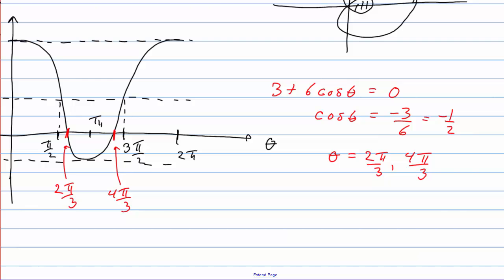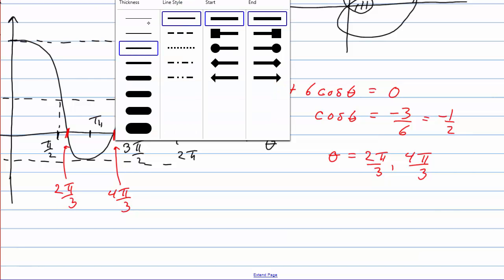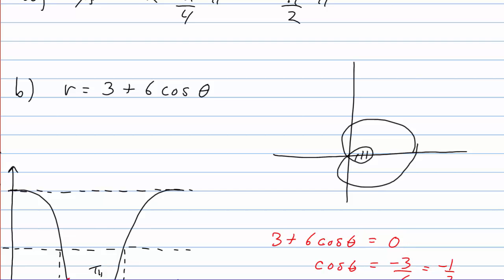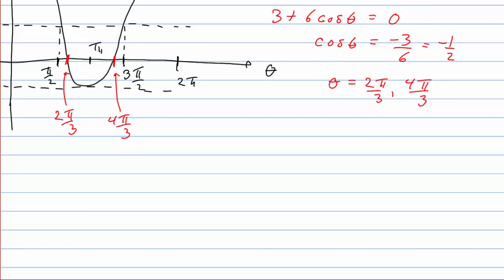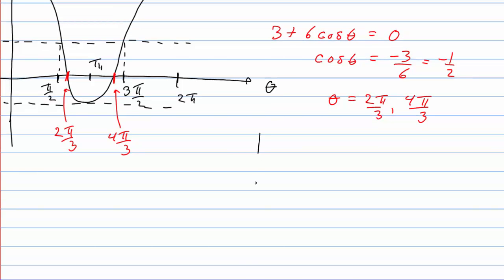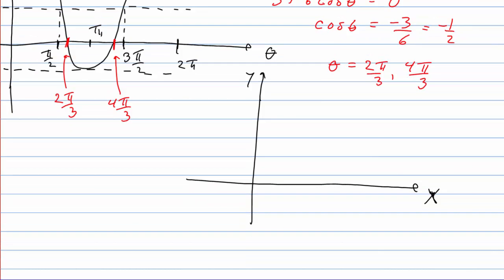Okay. So using all that information, we found out, going back to ordinary Cartesian coordinates now, that the loop gets traced out as you go from 2 pi over 3 to 4 pi over 3.